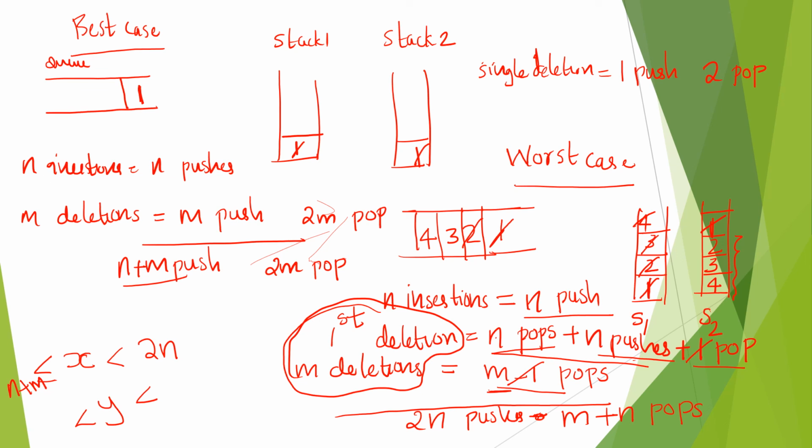In the best case it is 2m pops, and in the worst case it is m plus n pops. So, this is the answer: n plus m is less than or equal to x, which is less than or equal to 2n, and 2m is less than or equal to y, which is less than or equal to m plus n. This will be the solution. Thank you.